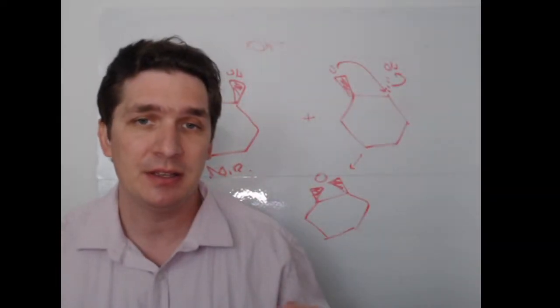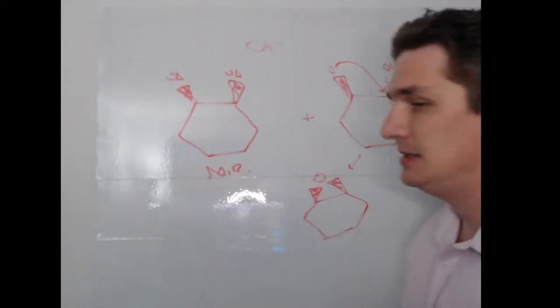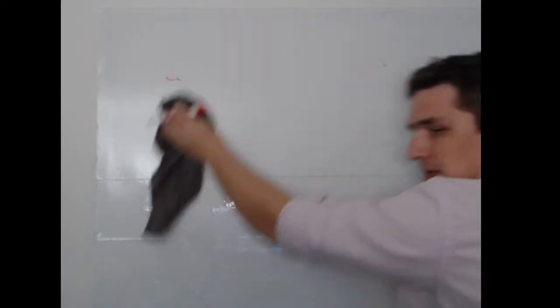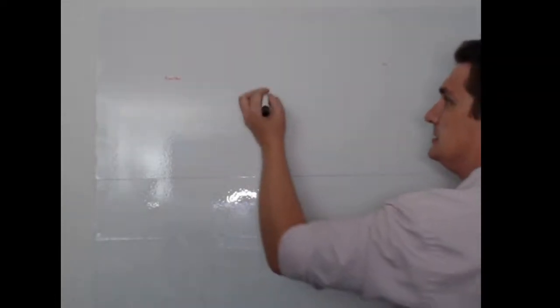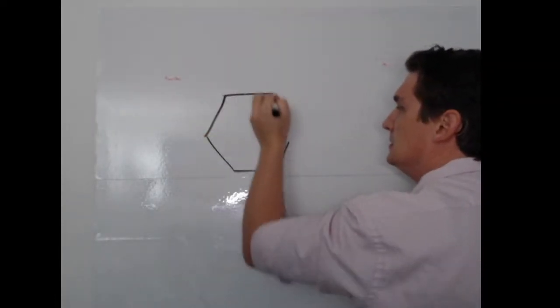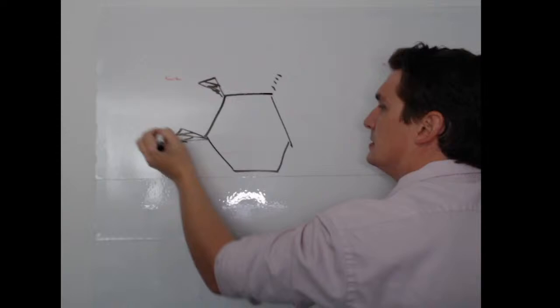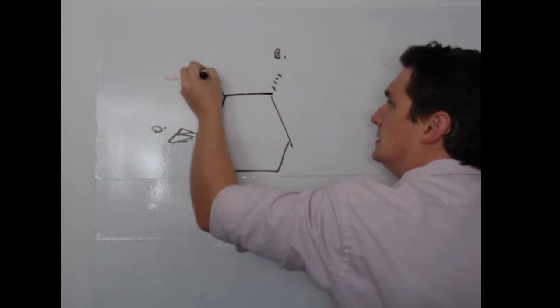But for rings, the leaving groups have to be trans. So let's say you had this ring.